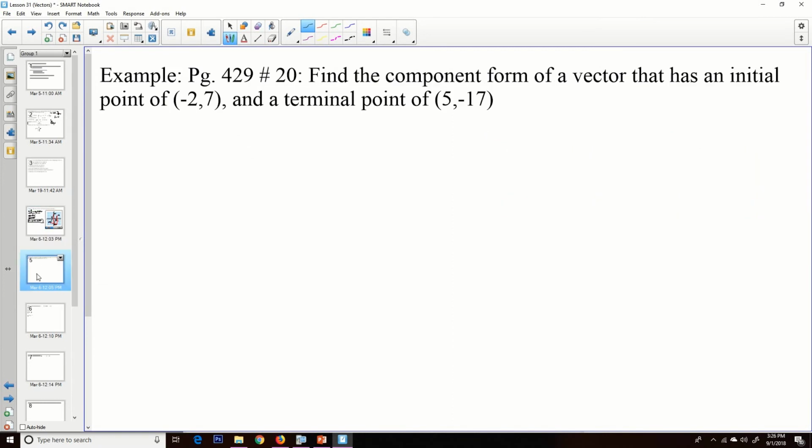All right. Next one, find the component form of a vector that has an initial point of negative 2, 7 and a terminal point of 5, negative 17. So just real quick, and again, not real important for us, but we just want to have a general idea. So at negative 2, 7, I call this negative 2, I call that 7 on my x-axis, or that's my y-axis.